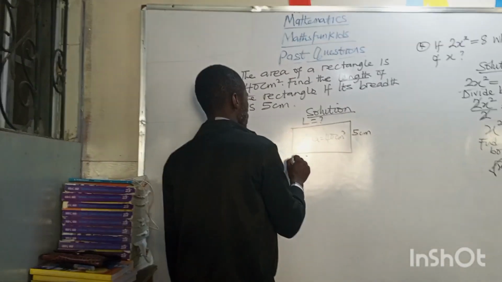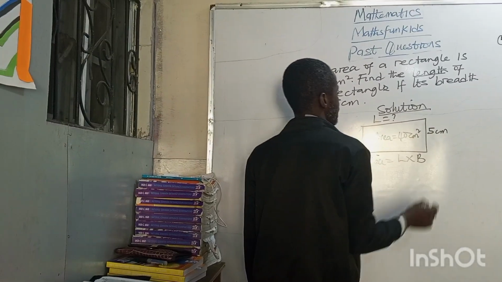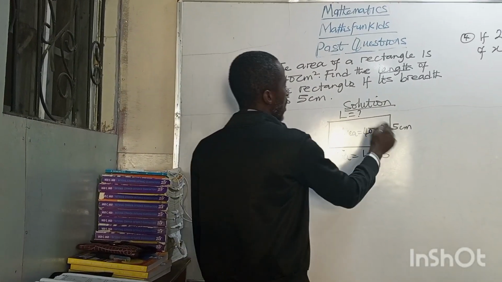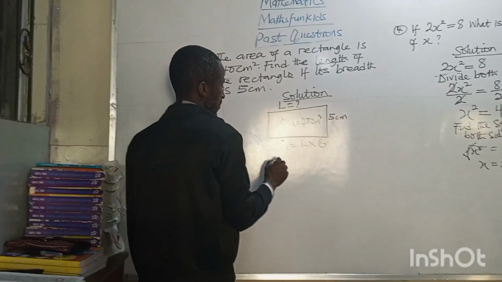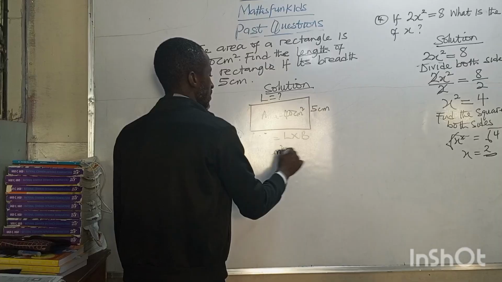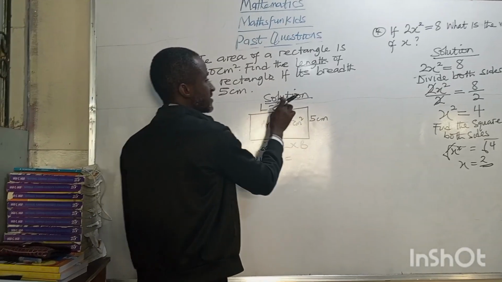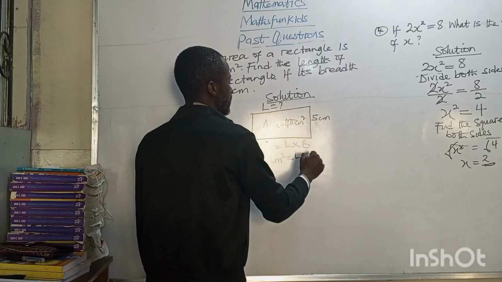The area of a rectangle, the formula is length times breadth. And they are giving us the area to be 40 centimeters squared. So you write 40 centimeters squared equal to, the length is unknown, L, and the breadth is 5 centimeters.